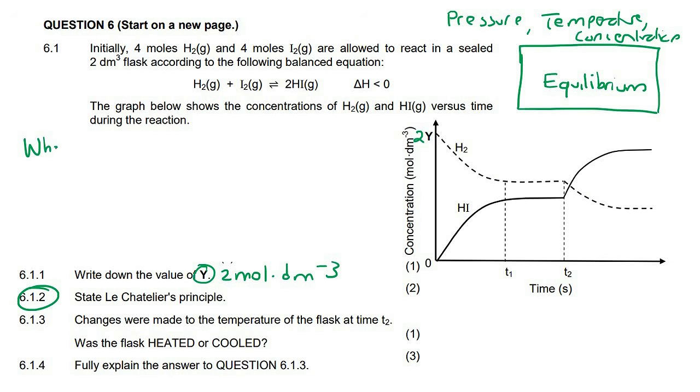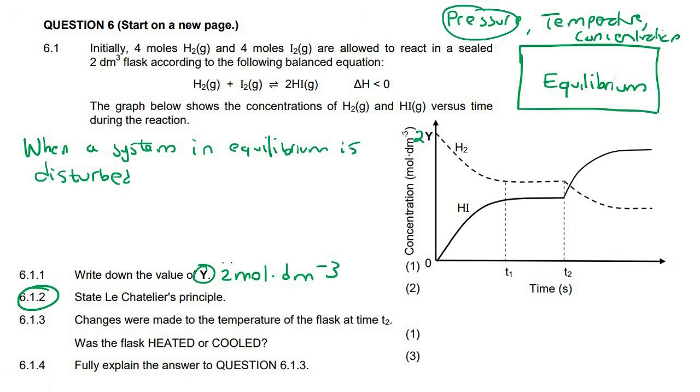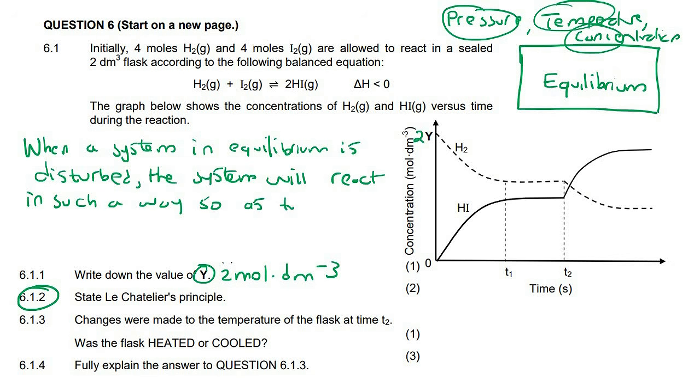So when a system in equilibrium is disturbed, what does disturbed mean? Disturbed means that someone changes something. Either they change the pressure, the temperature, or the concentration. So when a system that is in equilibrium is disturbed, the system will react in such a way as to oppose the change. What does oppose mean? It means go against.